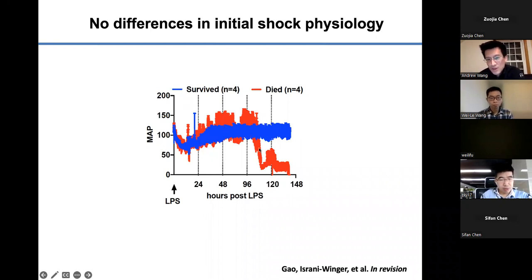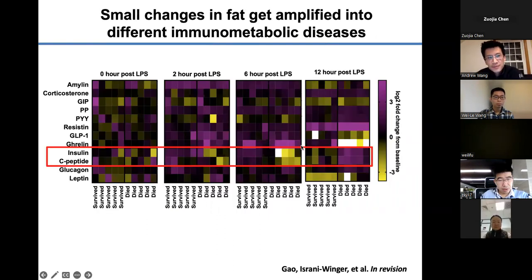It really wasn't until the end, when they were moribund, that we actually saw a precipitous loss in blood pressure. So we don't think there was a measurable difference in any of the ways that we measured the inflammatory response in the early part of the LPS challenge.